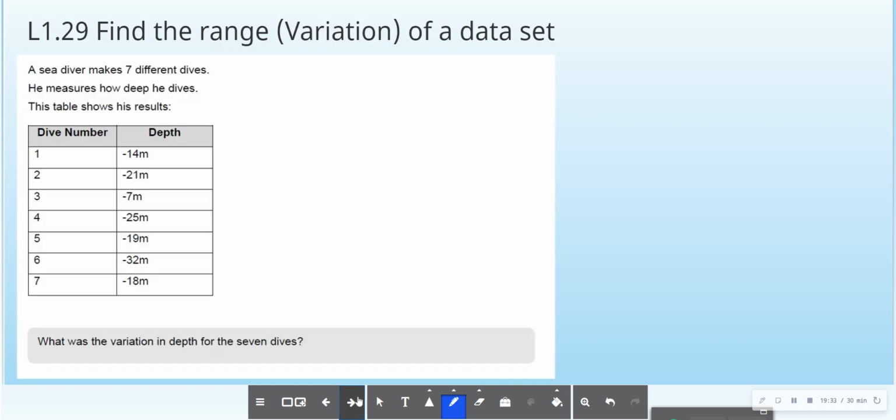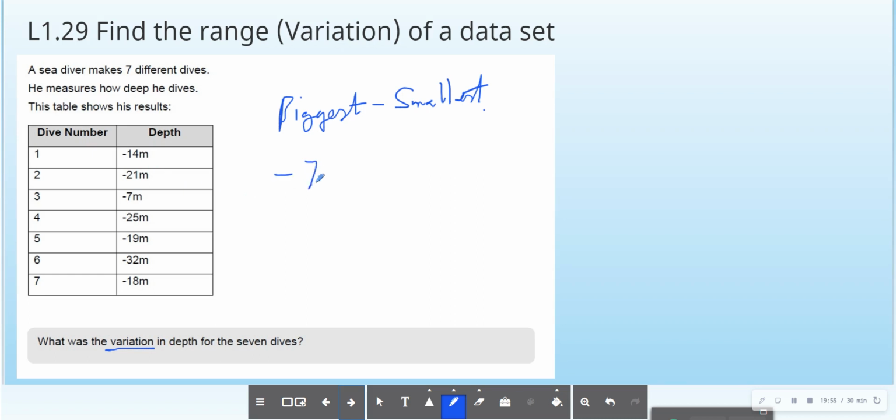The range, often also called the variation. If you see this word variation, that means the range. And the range is the biggest take smallest. Your biggest number here, they're all negative numbers, so be careful. Biggest number here is minus 7.